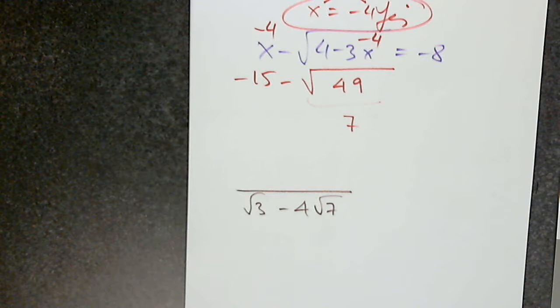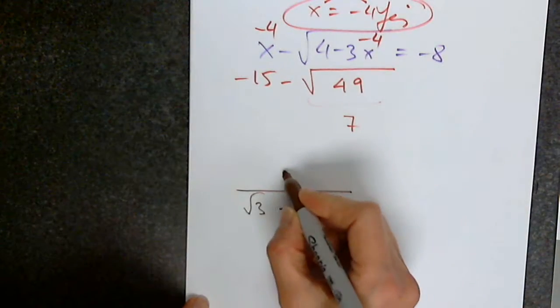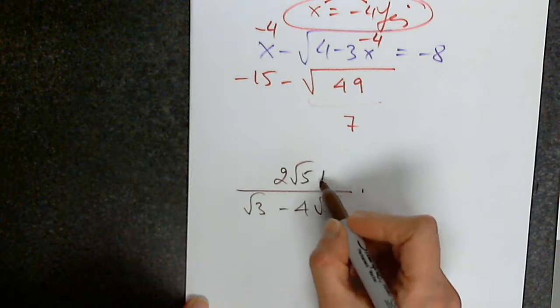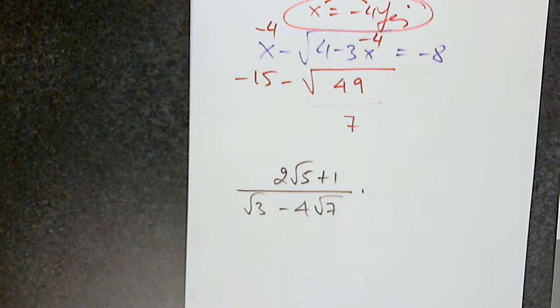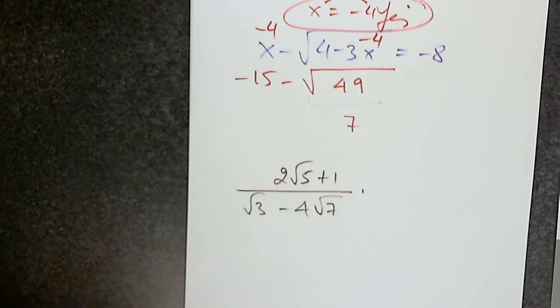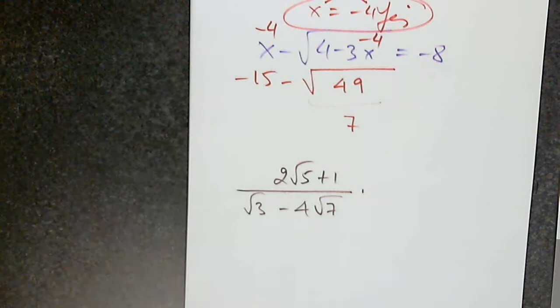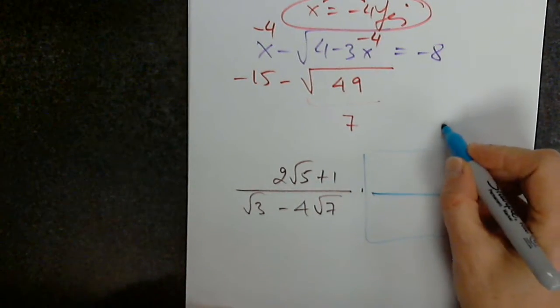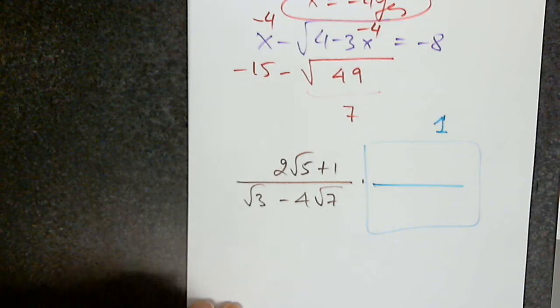Make up some numerator, whatever you want. 2 the square root of 5 plus 1. Okay, we want to rationalize the denominator. What do we rationalize it by? Multiply both by, very good. It has to be 1, right? So the top and the bottom have to be the same. Awesome. But by what?